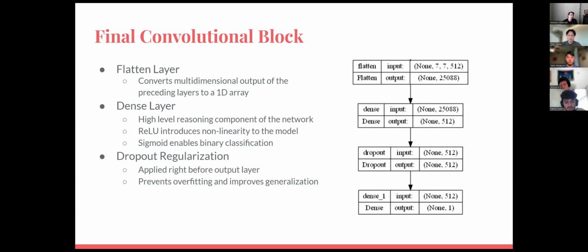Then it goes through some dropout, which essentially kills some of the neurons to help prevent overfitting and improve generalization. And finally, it goes through a sigmoid activation function, which enables the binary classification and gives us that percent chance of if it's AI generated or not. Keep in mind, this model has about 17.5 million trainable parameters. And we use the same architecture for both face classification and image classification.